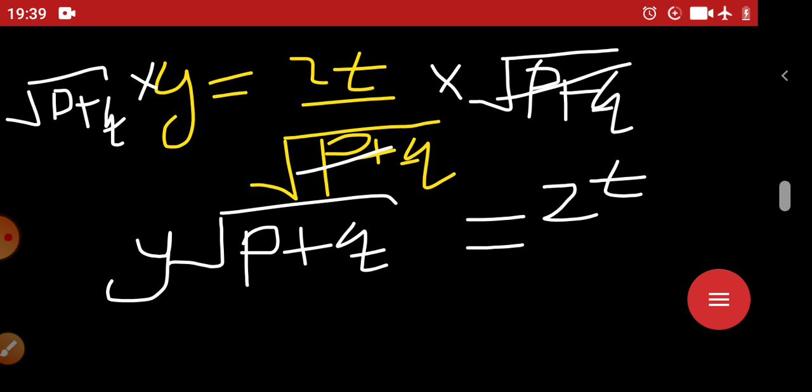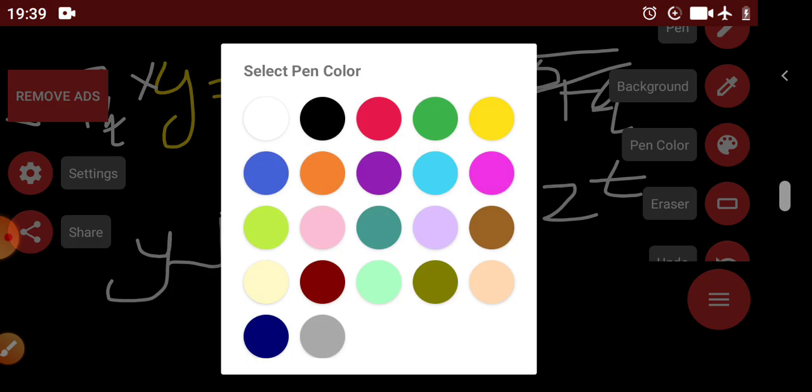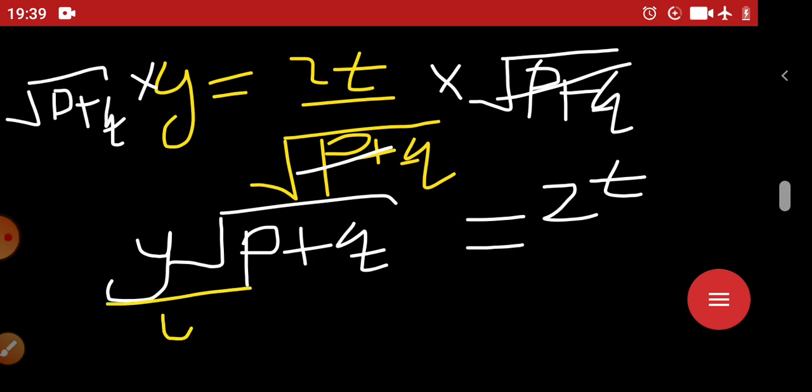So now we need to remove the G. We remove the G by dividing both sides, such that we're left with the square root of p plus q, which is equal to 2t over G.